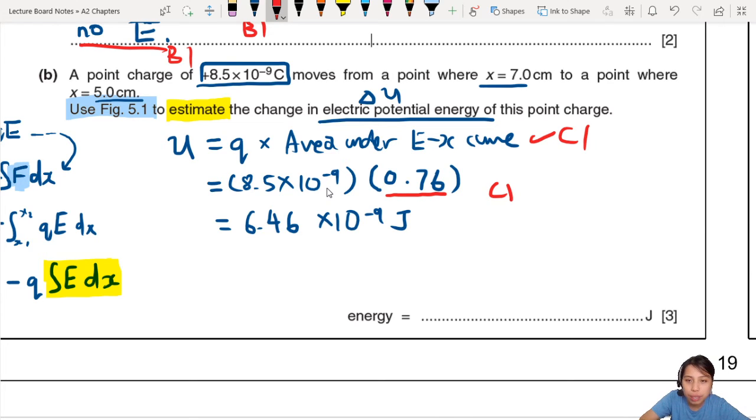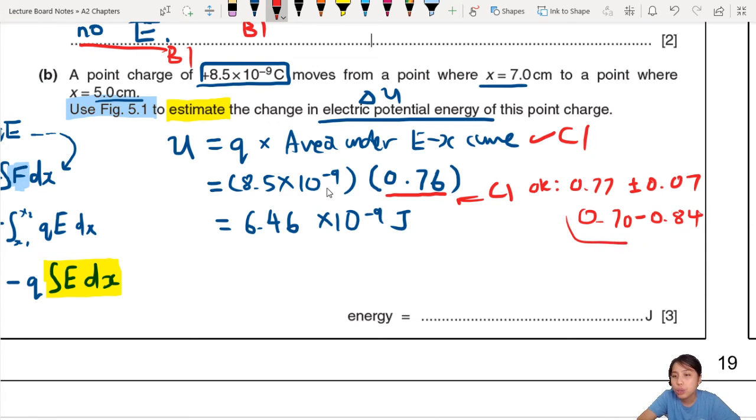They generally allow 0.77 plus minus 0.07. So if you estimated somewhere between this range, you are okay and you can get that mark. It's a very big range. You just count the box, estimate, whatever method you want to use. And lastly, of course, the final answer mark is whatever you get down there, 6.4, 6.5, 6.3.